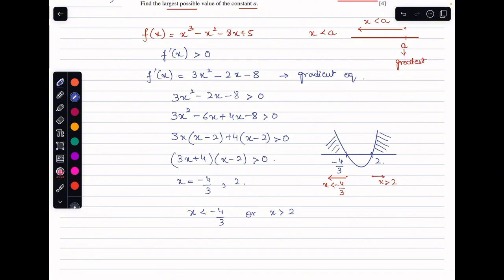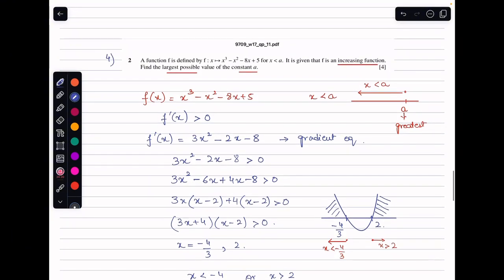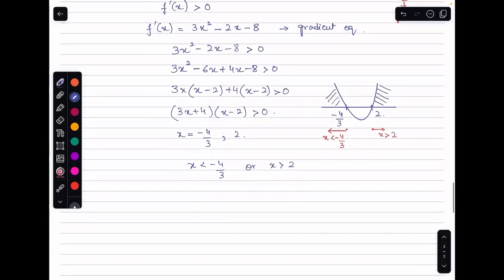This is the answer. But then the question has already suggested that this function is defined for all the values of x which are less than a, and a is the largest possible value. Therefore for x to be less than a, it's this function here which is satisfying the given condition.